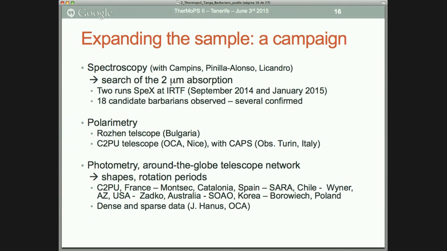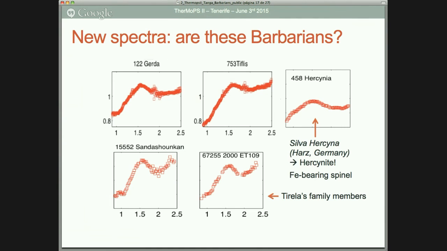So just to show you an example, some asteroids for which we got a spectrum. Here you have this nice 2-micron absorption feature. Just a funny thing: the variety of iron-rich spinel is also called hercynite.